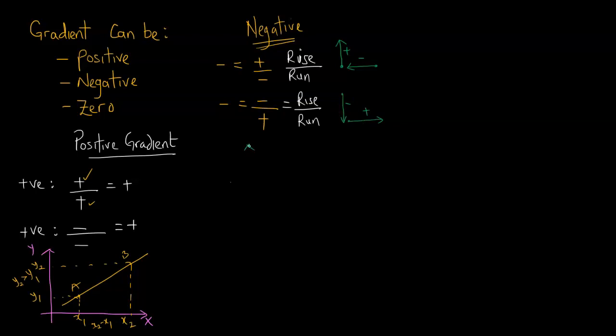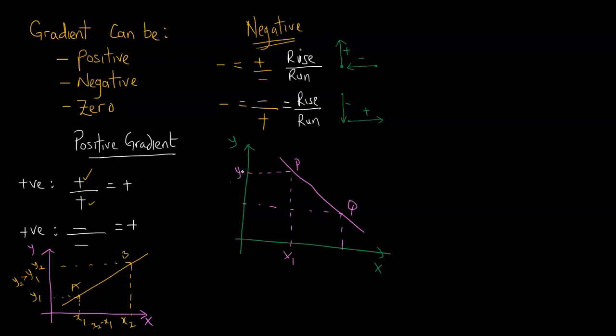For example, I can just illustrate it here. If this is the y and x-axis, and my line looks like this, we would see that an arbitrary pair of points, which I'm just going to call P and Q. If this is x1, this is going to be y1, and at Q, I would have x2, then y2.